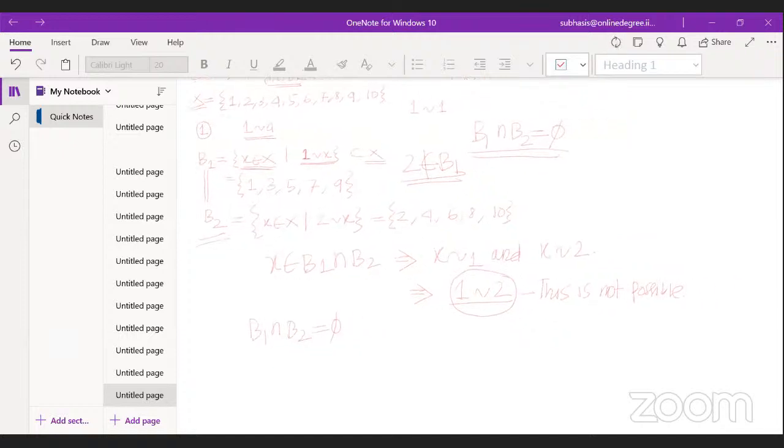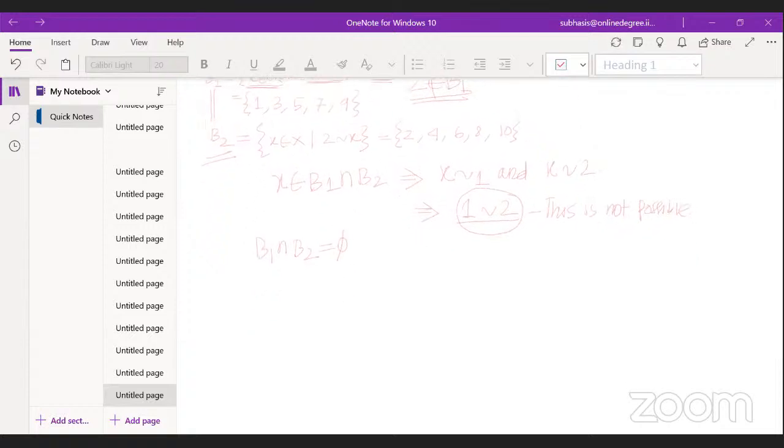So can you tell me, is there any element which is not a member of B1 or not a member of B2? No, sir. So we got all the elements. There is no element left in the set X which is not in B1 or not in B2.